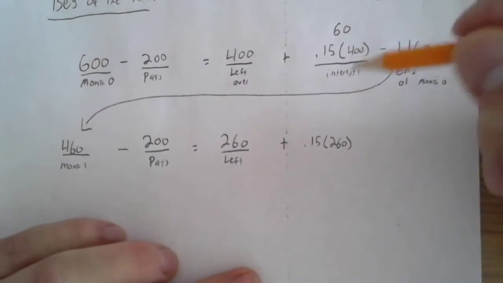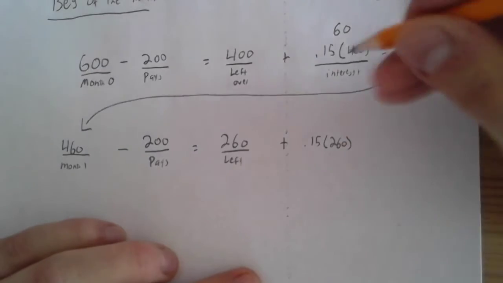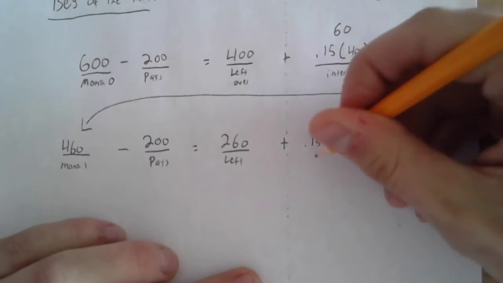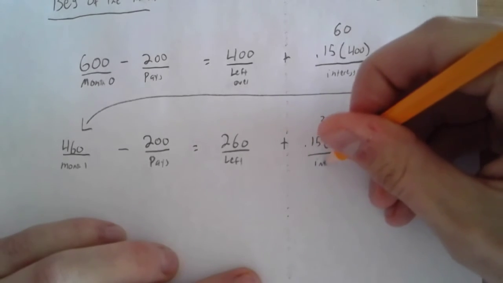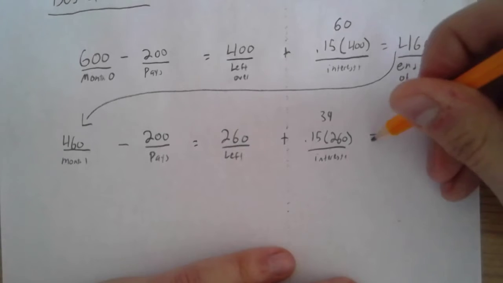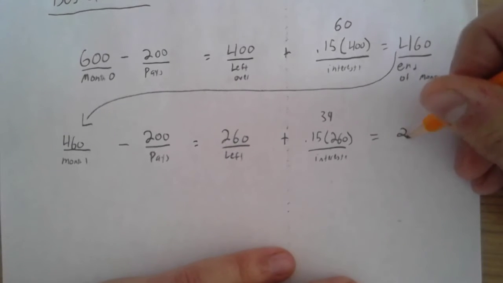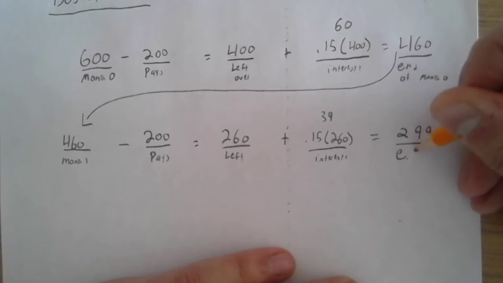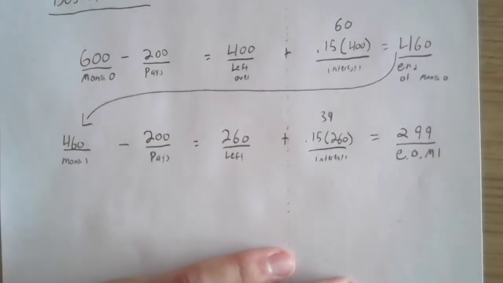So 15% of whatever is left over is going to accrue. In this case, 15% of 260 is going to be $39. And that is our interest. So what is left over at the end of the month? It is going to be $299. And this is our end of month 1.